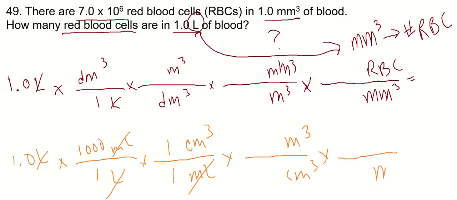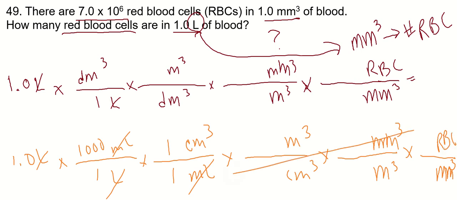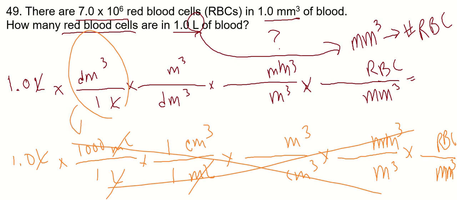And then cubic meters to cubic millimeters, and then another pain, and then finally cubic millimeters to RBC. All right, we're not doing that. That's just too long. We'll do this top one, which is a little shorter. If you didn't know that, you would have to go this route. It would just take you one more conversion factor. Not too bad.